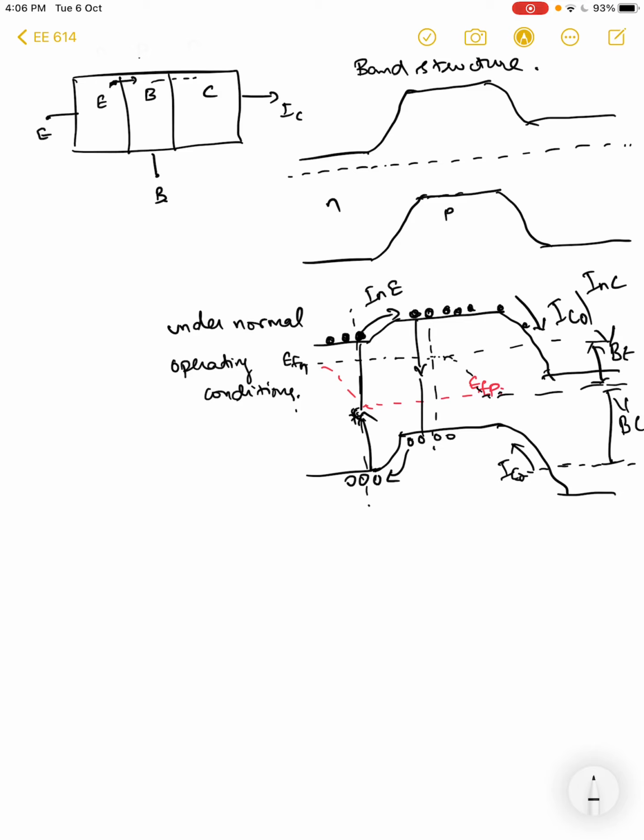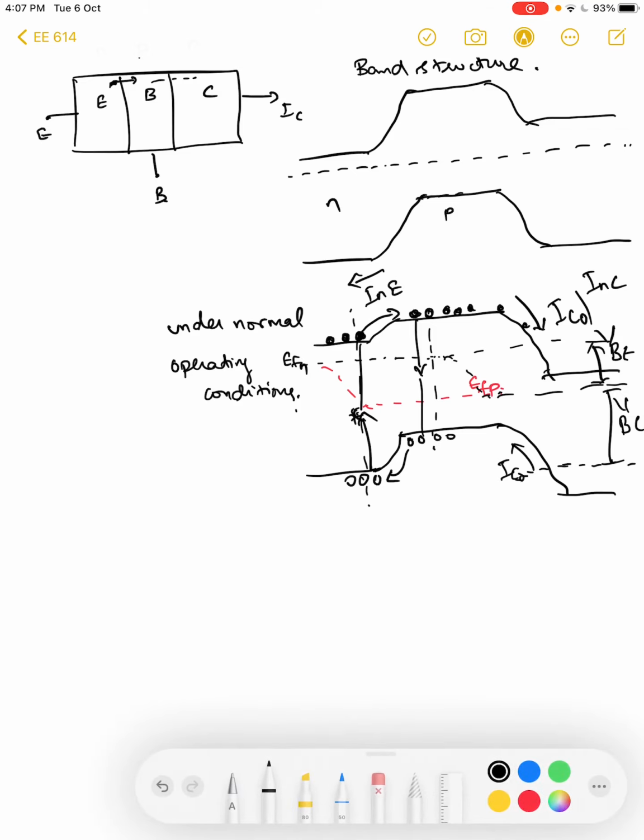So you have electrons which are emitted from the emitter. It is because electrons are moving this side, INE is going to be along this side. Because the electrons are moving here, once again the direction is actually a bit wrong.